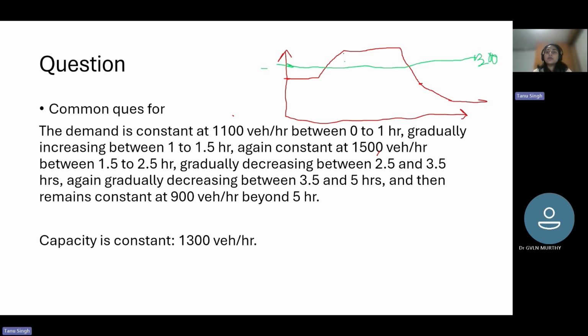We need to find different conditions, and first is this x that we need to find. So first try to draw a graph depending upon the data, and then try to solve it. Just wait around 5 minutes for you all to solve, then we will discuss it.